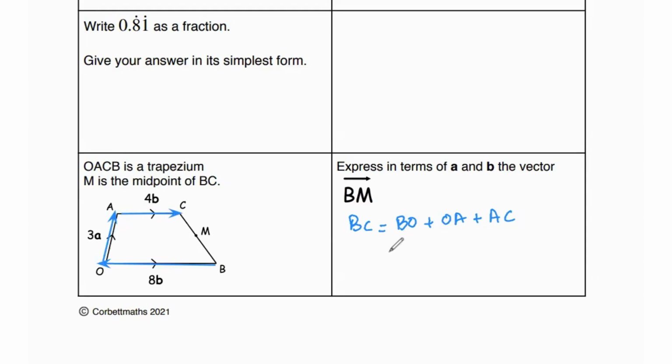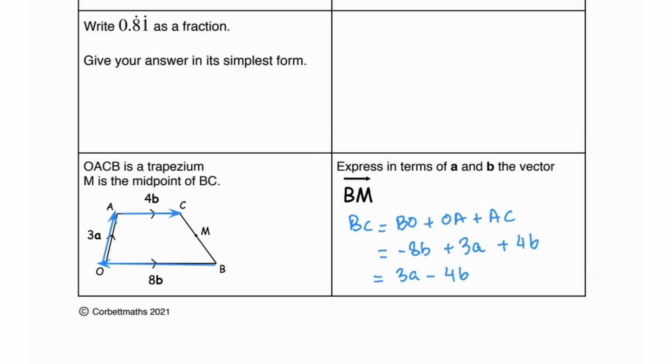So since we're taking BO and OB is 8b, BO would be negative 8b. When you change the direction of a vector, the sign of the vector changes. If it's positive, it becomes negative, and vice versa. OA is 3a and AC is 4b. So that gives us 3a minus 4b.